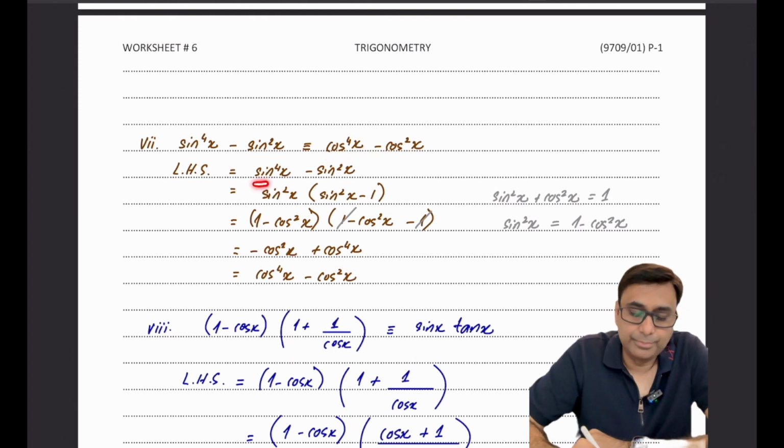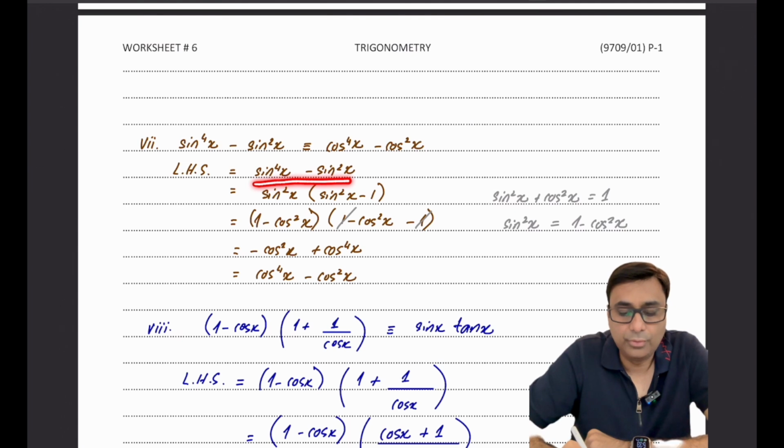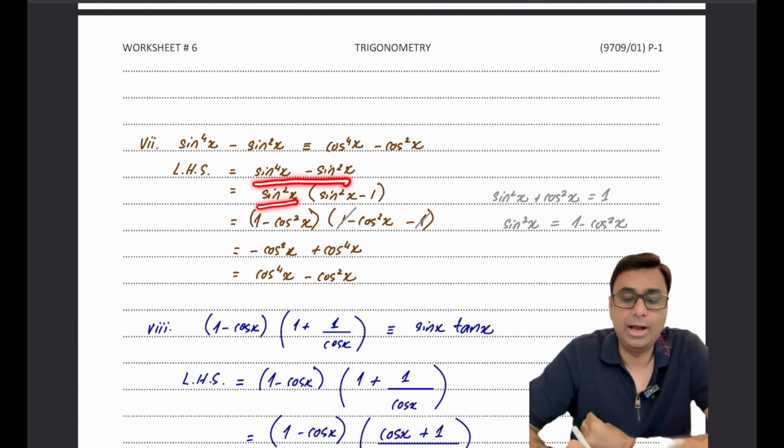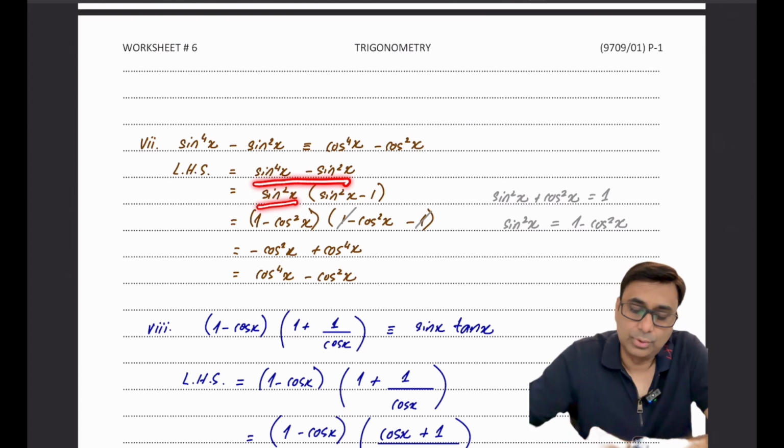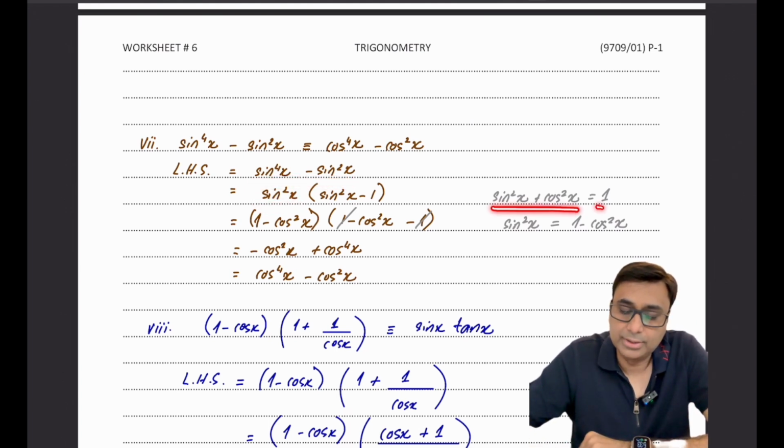It's a very random pick, but I've chosen the left hand side and written it down as sine to the power 4x minus sine square x, and I can see I can take sine square x common. And once I do take it common, since I already had it in my mind that I have to replace it by cos, I would recall this particular identity, and wherever I see sine square written, I'm going to replace that by 1 minus cos square.